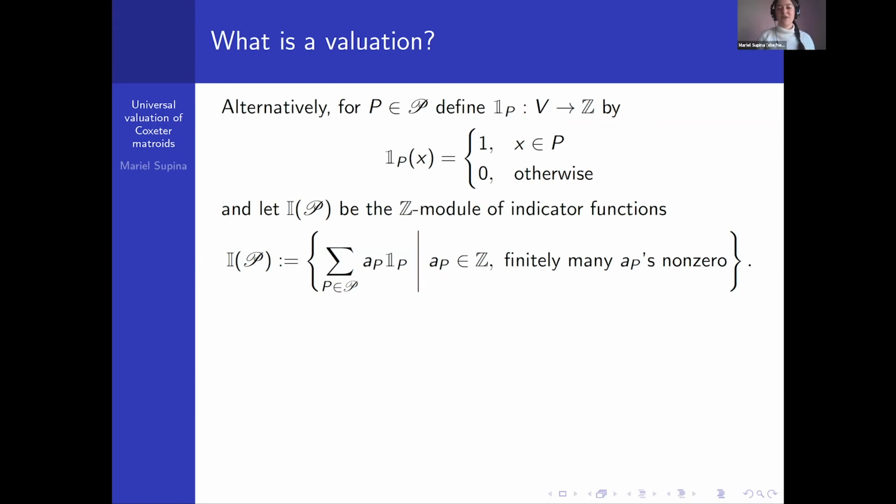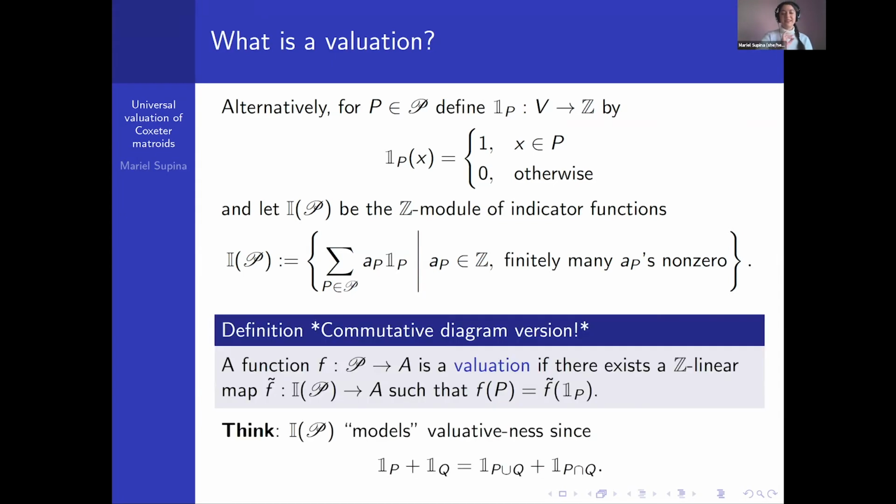An alternative way to define a valuation is to say that if I have some polyhedron, I can get its indicator function, which takes in a vector in the vector space and outputs 1 if that vector is in the polyhedron and 0 otherwise. Once I have the indicator functions of all the polyhedra in my family, I can take all the finite integer linear combinations of these, in other words the Z-module generated by these, and I'm calling that I of the family P. I'll call that the indicator module.